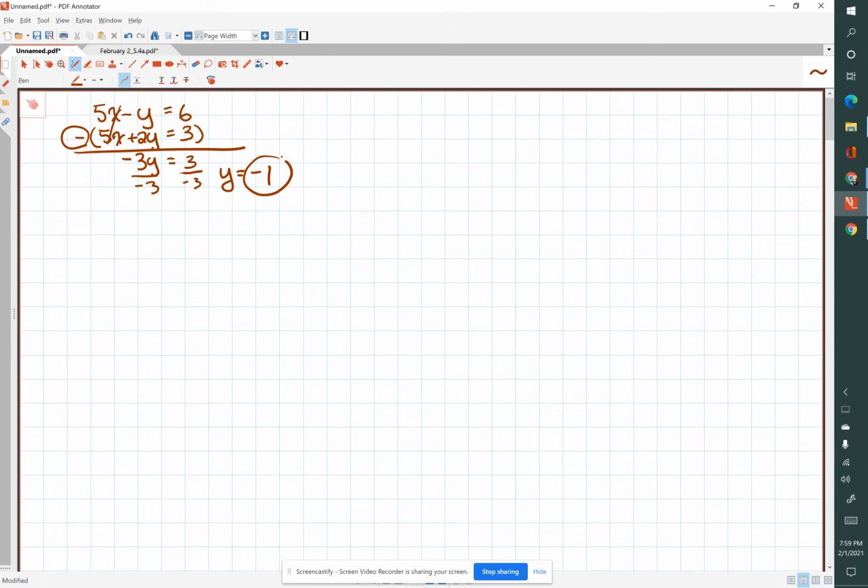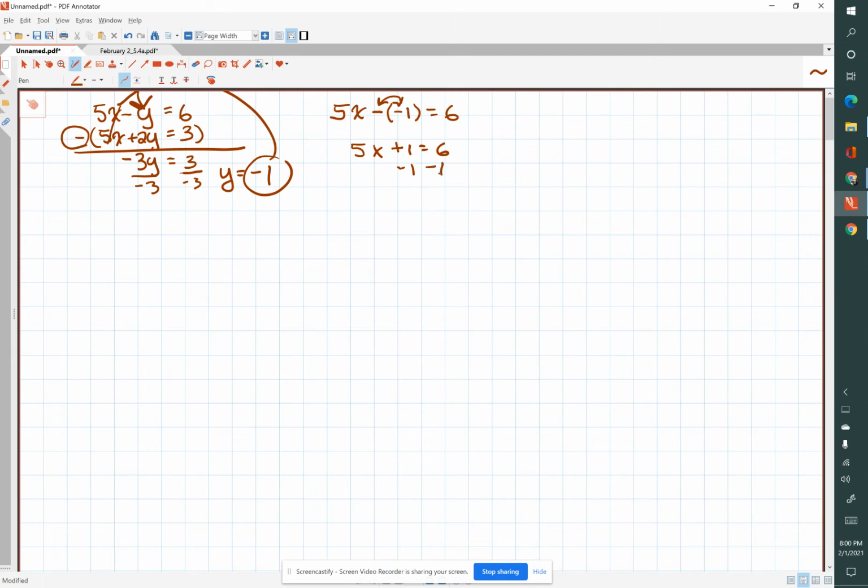Then we would take that negative 1 and we would substitute it right into y right there. So we would have 5x minus negative 1 equals 6, and we'll solve for x. Remember, subtracting a negative is like multiplying, in this case, a negative times a negative. 5x plus 1 equals 6.